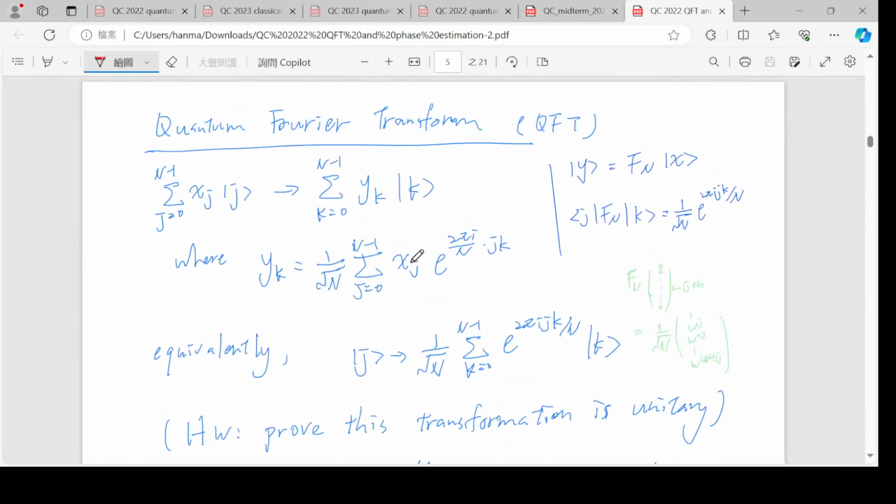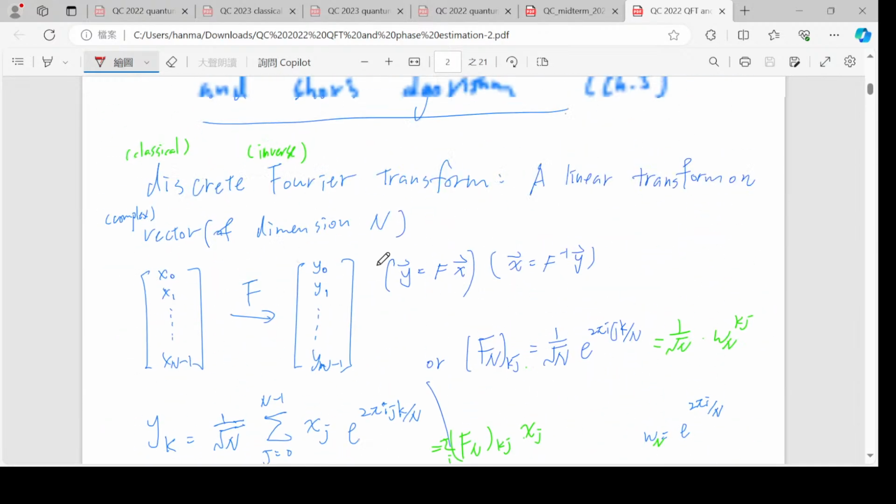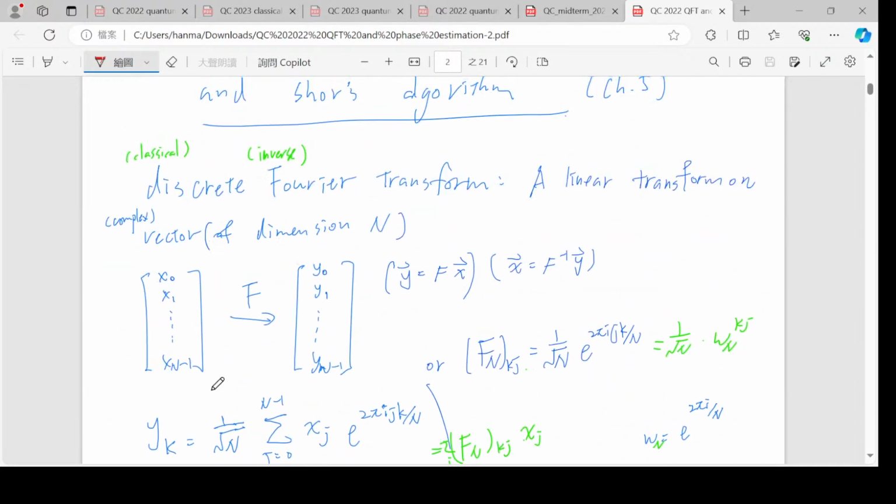Okay. So now we go to the quantum Fourier transform. It's something really fast, but we are doing something funny. Remember, the classical Fourier transform was acting on a vector of classical data. Now we think of this vector as a quantum state. So we have some restriction on this vector, because the classical data, those x0 to x_{n-1}, can be any complex number.